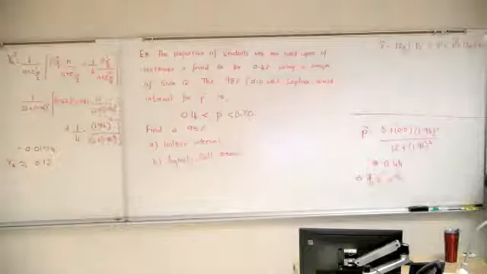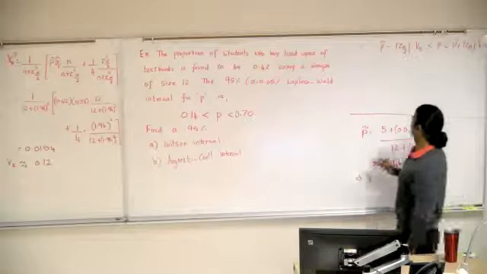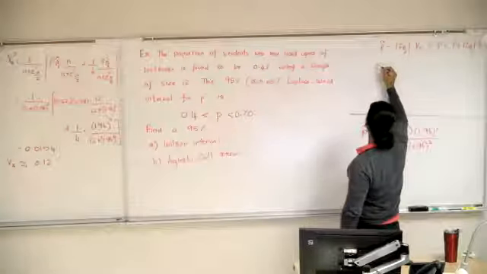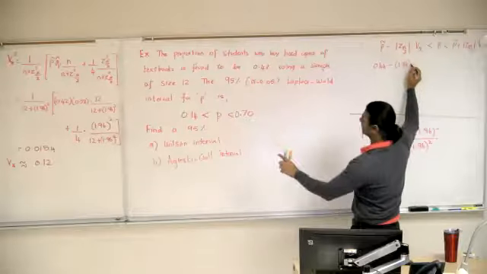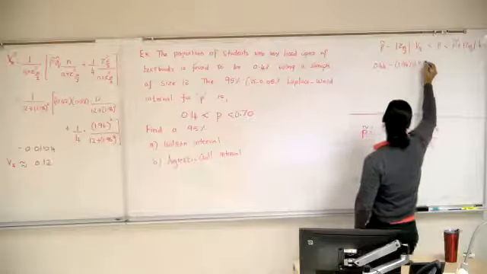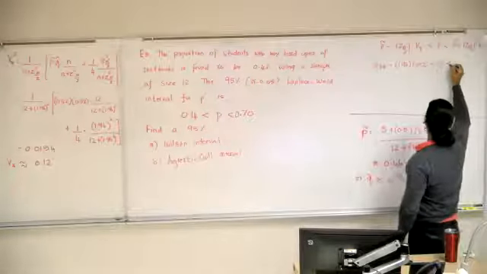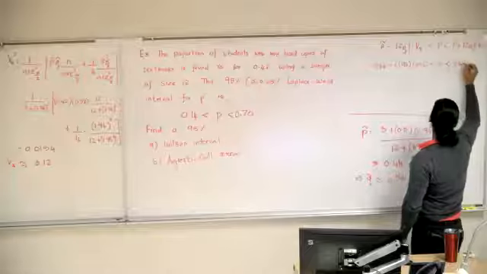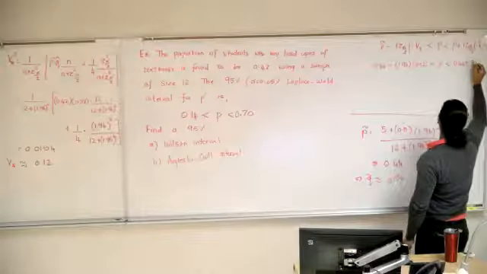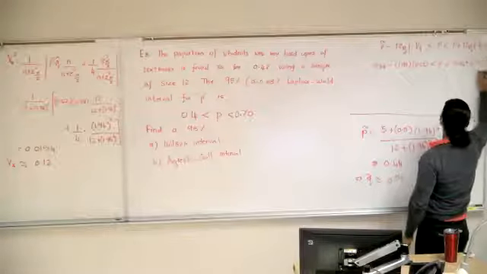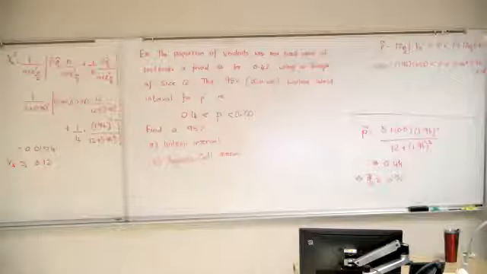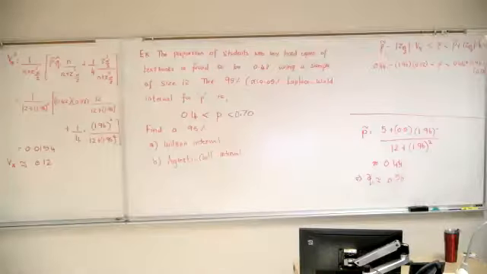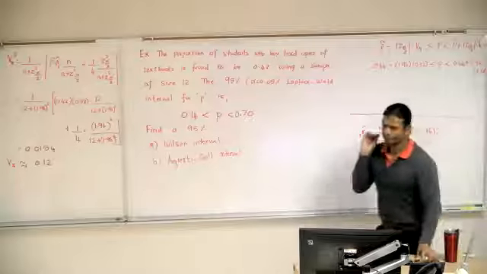Correct. So over here, we get 0.44 minus 1.96 times 0.12 less than P less than 0.44 plus 1.96 times 0.12. Don't forget, we've got to put P tilde.